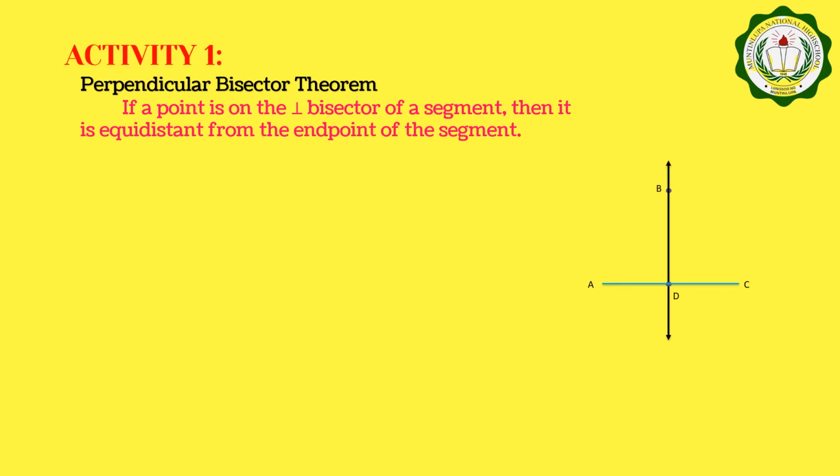So from our illustration, we can now write the given. The given: line segment BD is the perpendicular bisector of segment AC. We need to prove that segment AB is congruent to segment BC. So having now the given statement and the proof statement, we can now start the two-column proof.